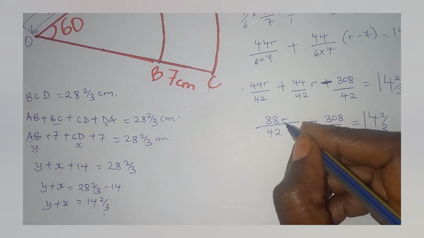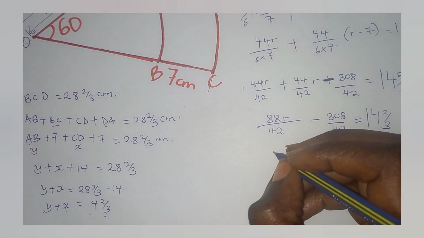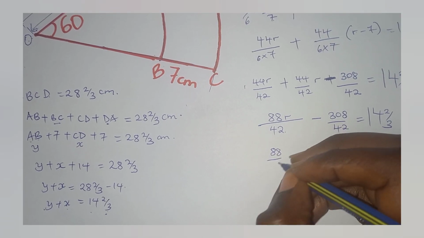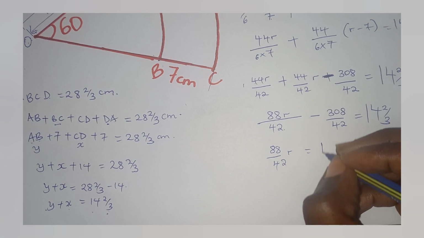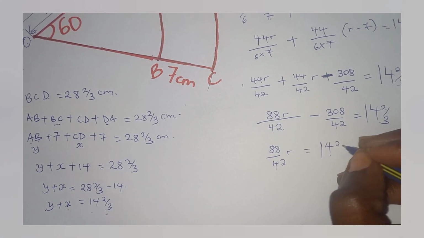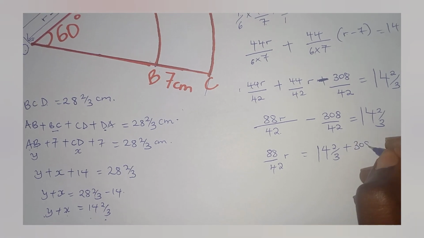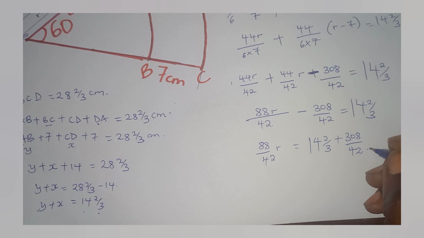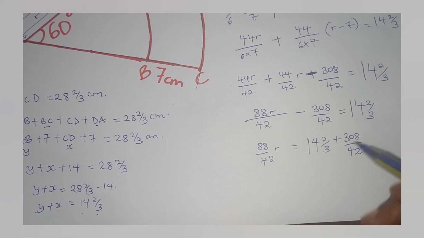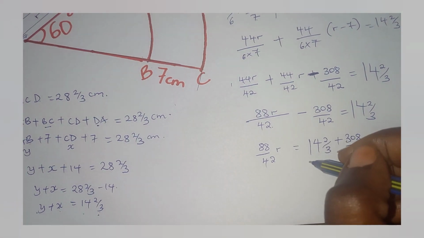Now let this one cross the equal sign. If it crosses the equal sign there, you'll have 14 and 2 over 3 plus 308 over 42. When you solve this, you can use a calculator.